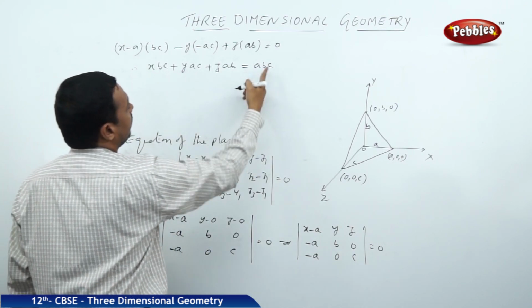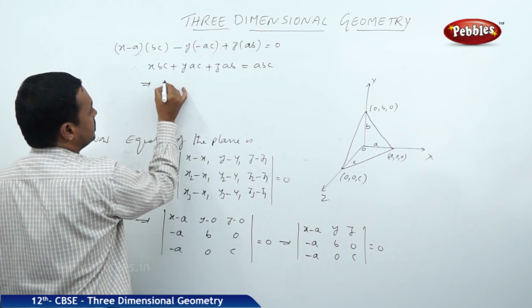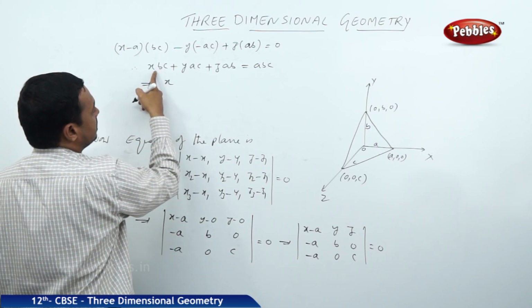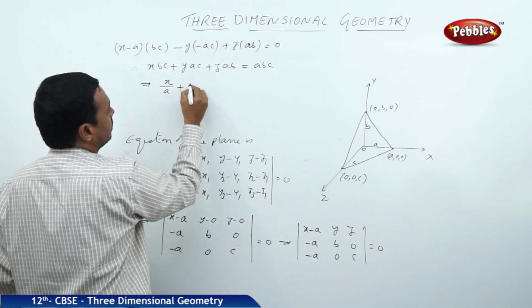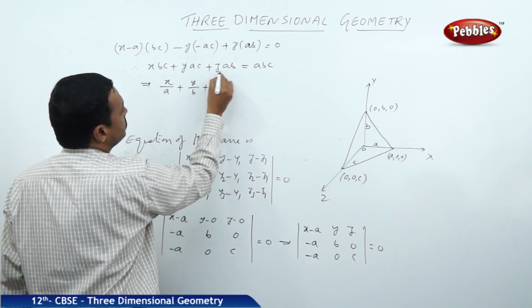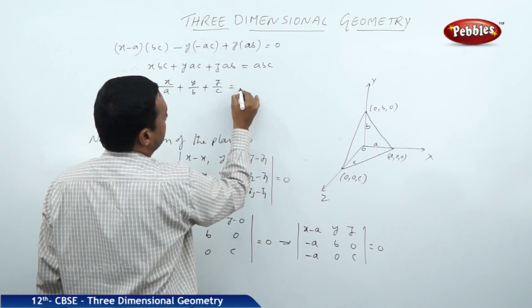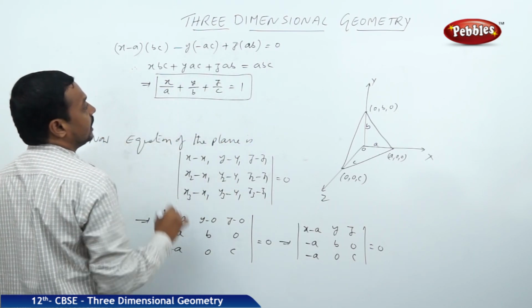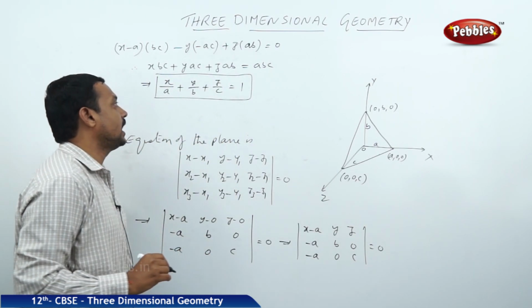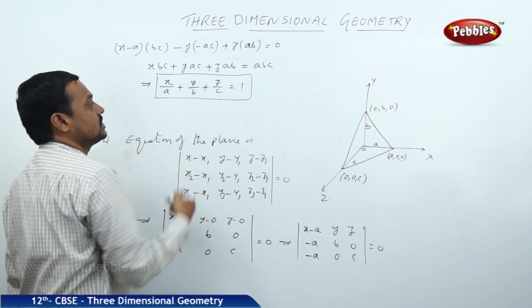Now dividing by abc on both sides, it becomes x bc by abc, that means x by a, y ac by abc, y by b, z ab by abc, z by c is equal to abc by abc, 1. Therefore, the equation of the plane whose intercepts are a, b, c on the coordinate axes is x by a plus y by b plus z by c is equal to 1.